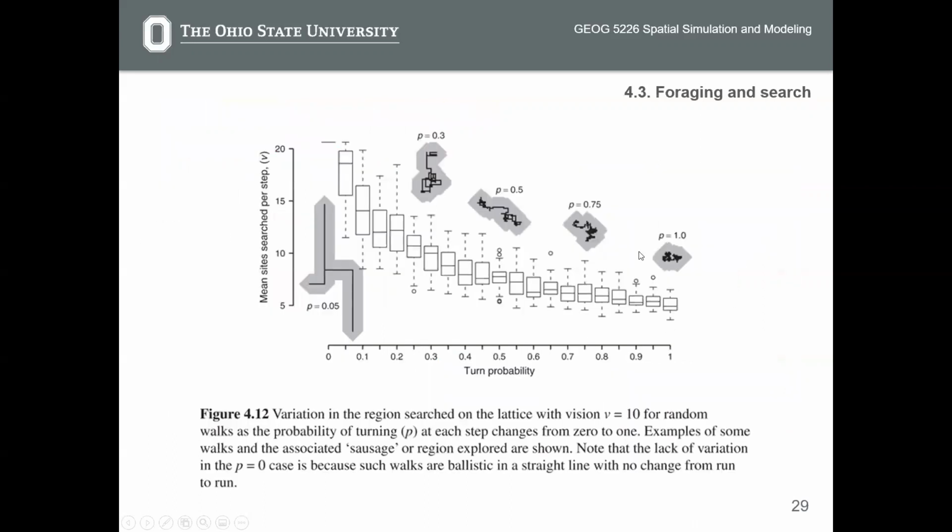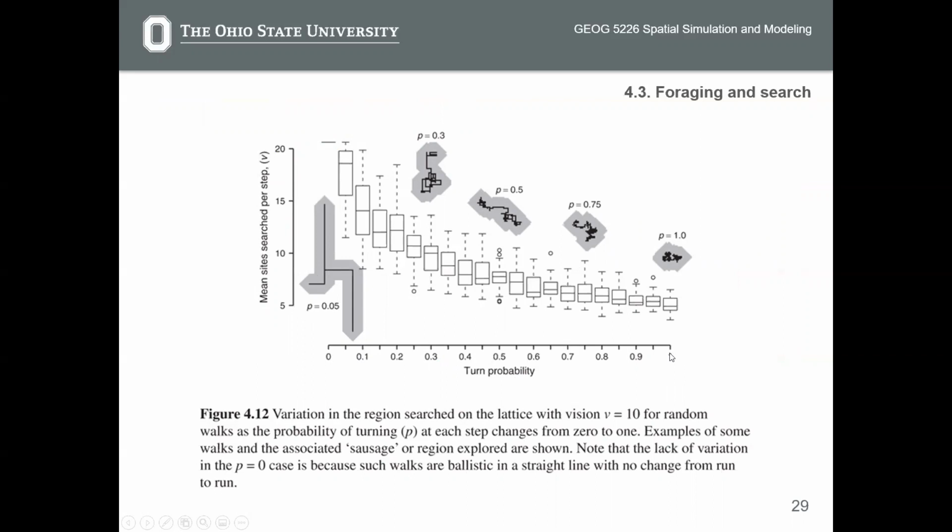Okay, let's see the influence of turn probability on mean sites searched per step. Okay, like I said, turn probability can be from 0 to 1. If it is 0, it means that the walker will go along a straight line.